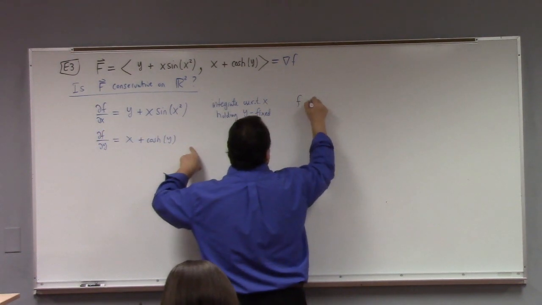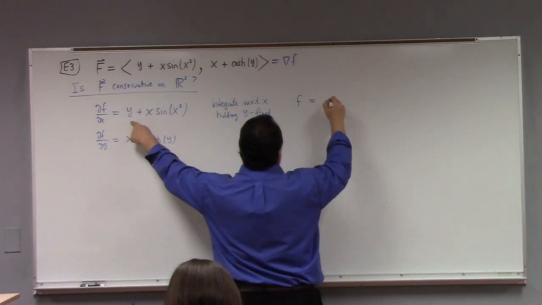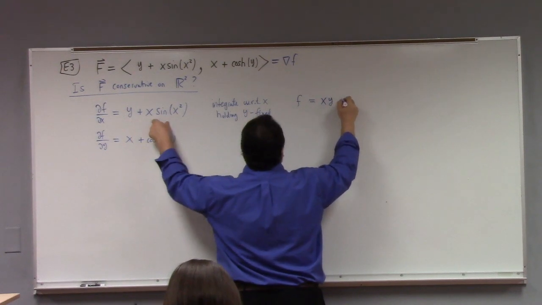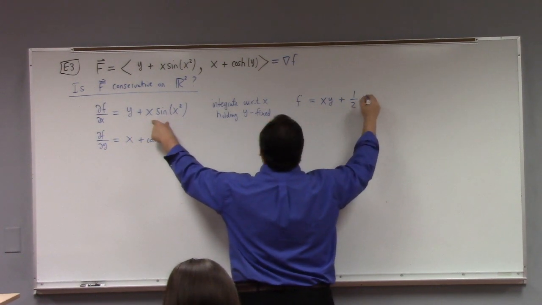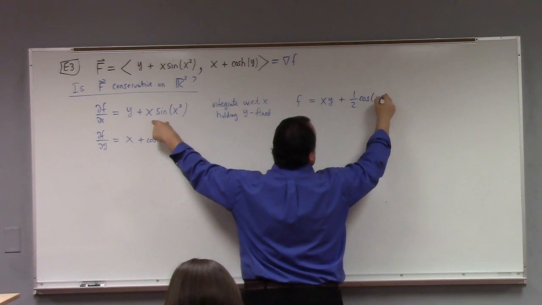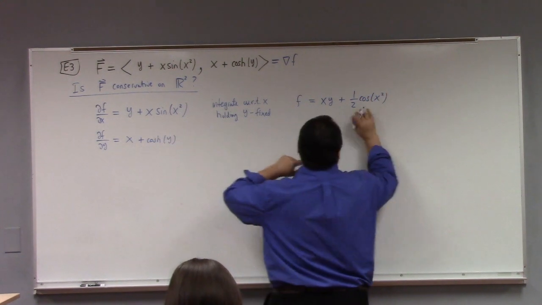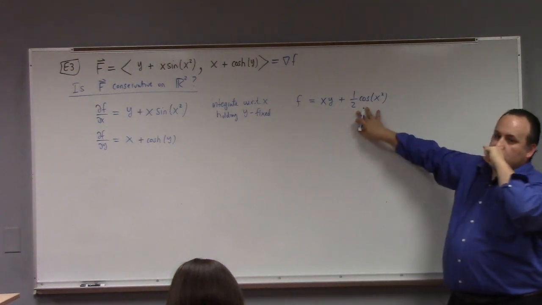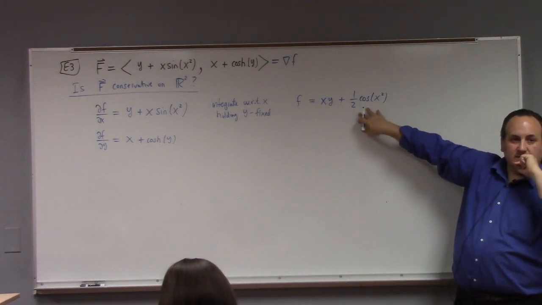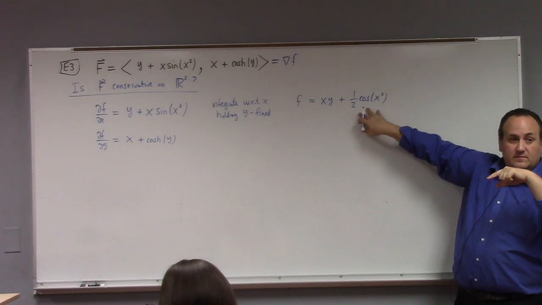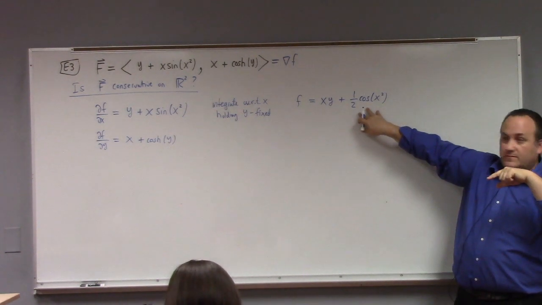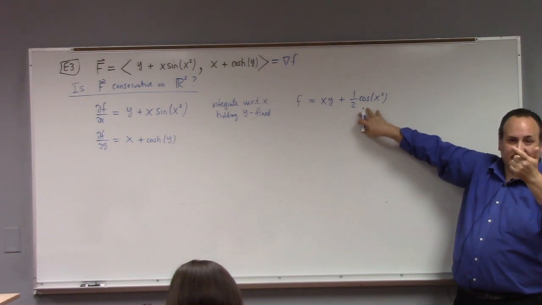We get f is equal to xy plus 1/2 cosine of x squared. That's not quite right, is it? What happens when we differentiate this with respect to x? You get minus 2x sine of x squared, times the half, which gives us minus x.